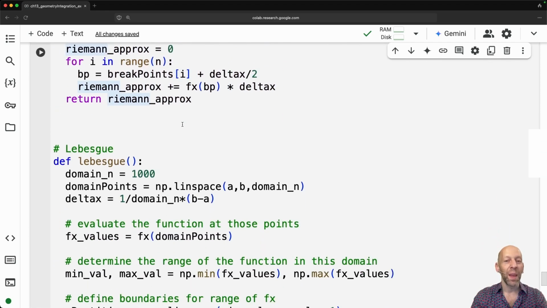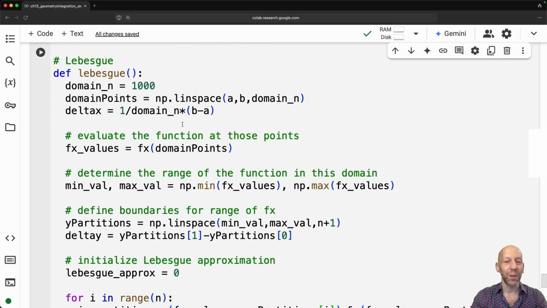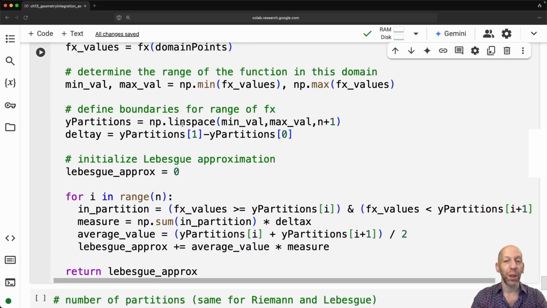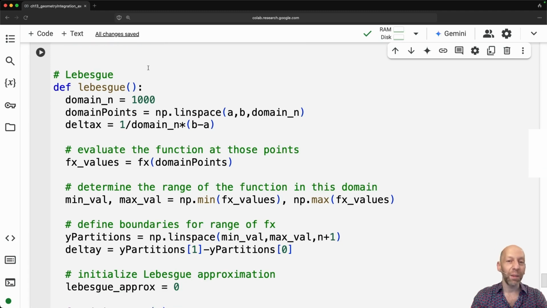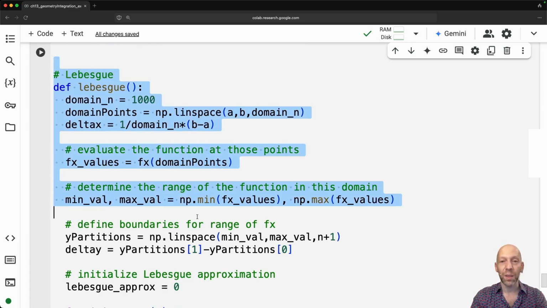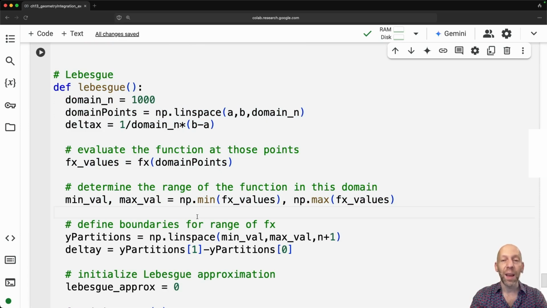We've already seen that. And here's the function for the Lebesgue integral. You can see this function is a bit longer. There's more stuff involved, more steps in this algorithm. But again, this is not new code. It's all copied from the previous exercise, and I have eliminated any code that was necessary for the visualization.